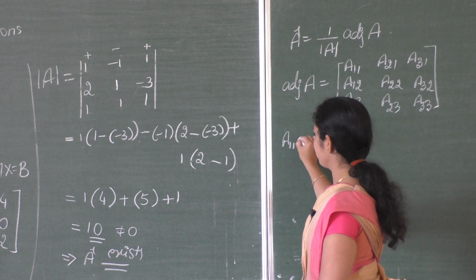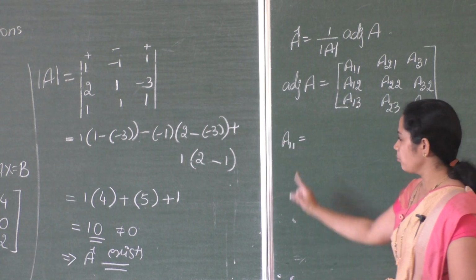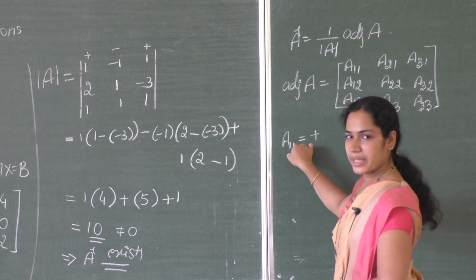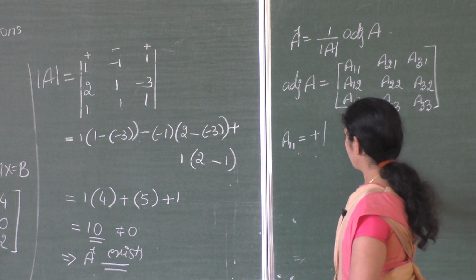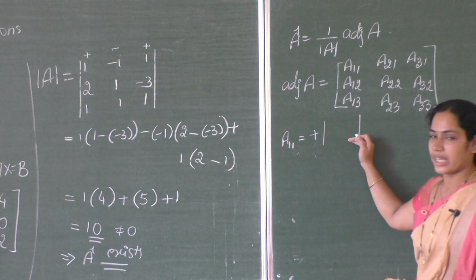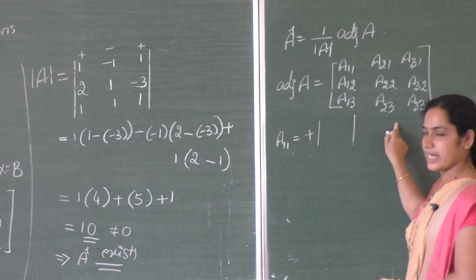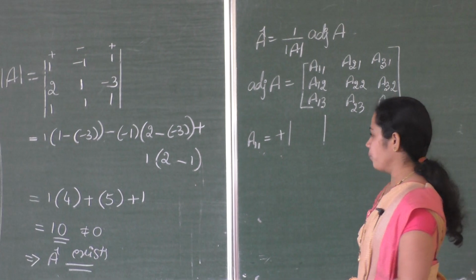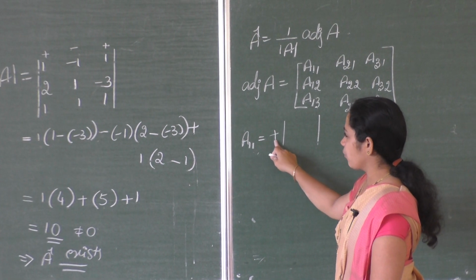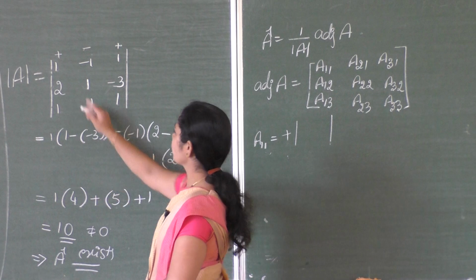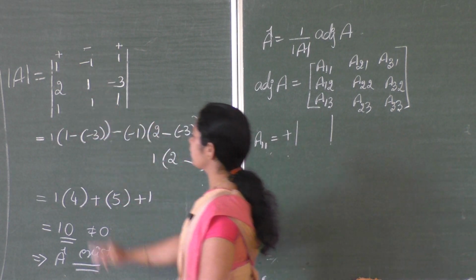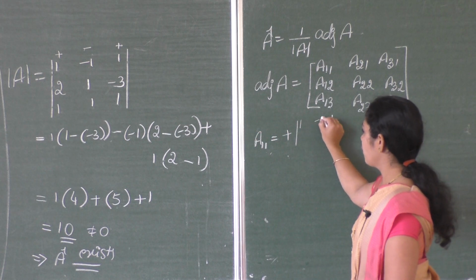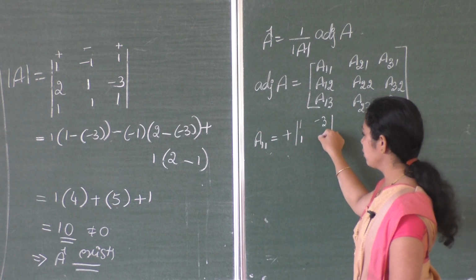What is A11? 1 plus 1 is even, so positive. If you want, you can write this determinant, or directly we can write the value. A11 is the cofactor of this; delete this, what is remaining? 1, -3, 1, 1.